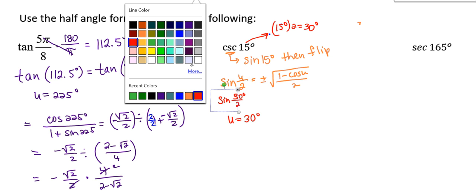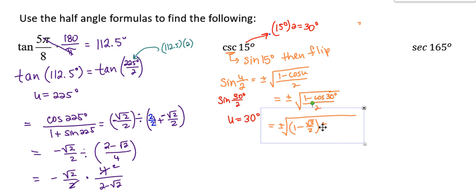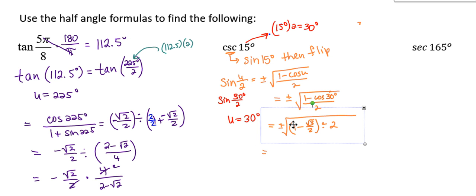So plus or minus square root of 1 minus the cosine of 30 all over 2. Okay, inside we have 1 minus square root of 3 over 2 on top, divided by 2. Need a common denominator, 2 over 2.